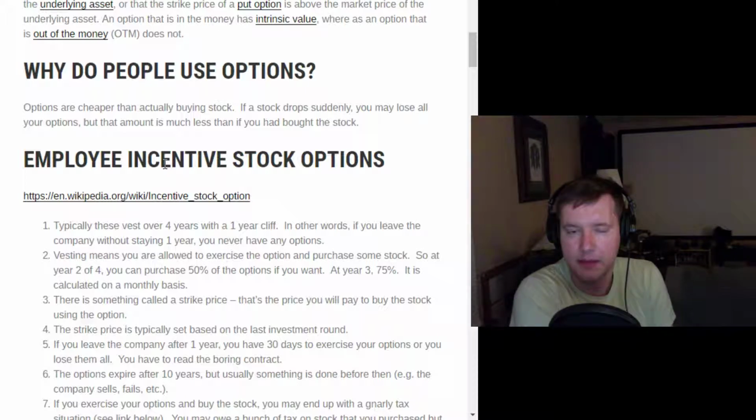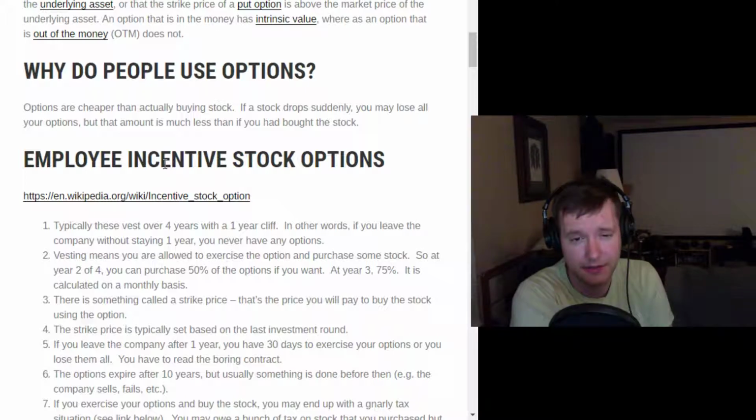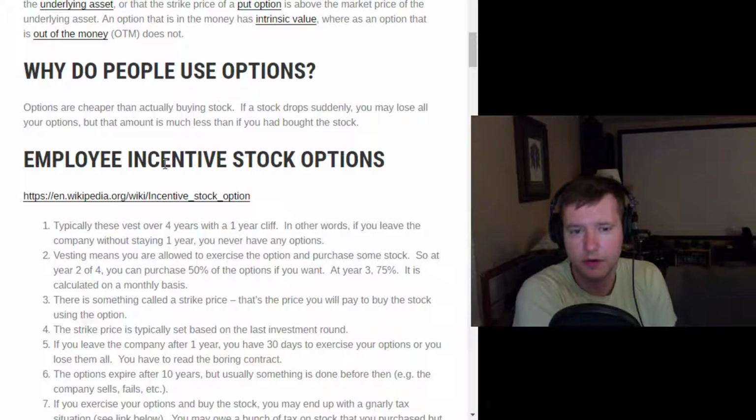They would then draw up some paperwork for how many options you're buying, and you would get the money you need to buy those options at their strike price, which would be listed in whatever offer letter, usually, or some future letter that talks about the price of your options. And then you hand over the money. You may get a stock certificate. They may keep the stock certificate. They may email you a copy of the stock certificate, something like that. And now you are an owner of stock, very risky stock, in a startup.